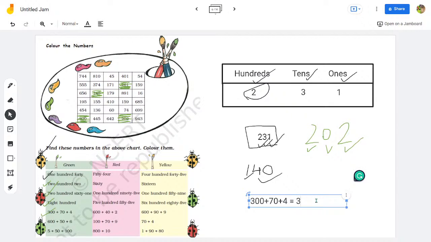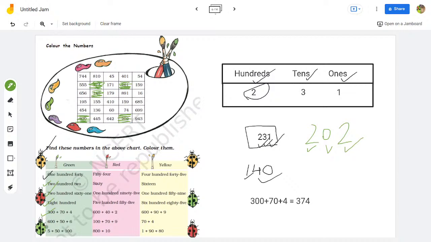Since we have 7 in the 70, we have 7 in the tens column, and since we have 4 in the ones, we can write 4. So 374. We can color 374.